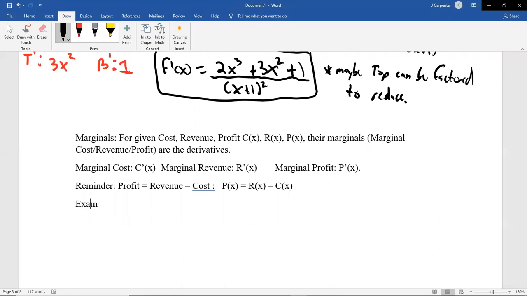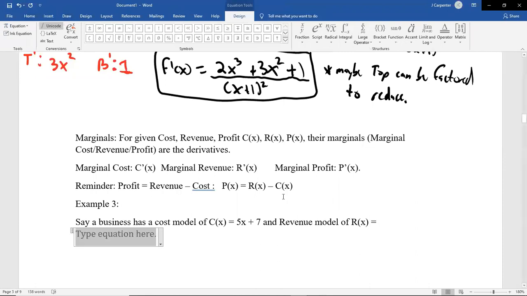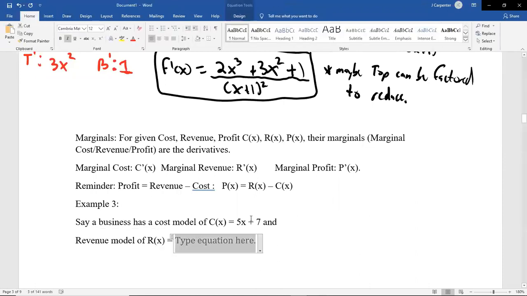So for an example, example 3. Let's say a business has a cost model C of x is equal to 5x plus 7, and a revenue model of, let's go with negative x squared plus 10x plus 100.